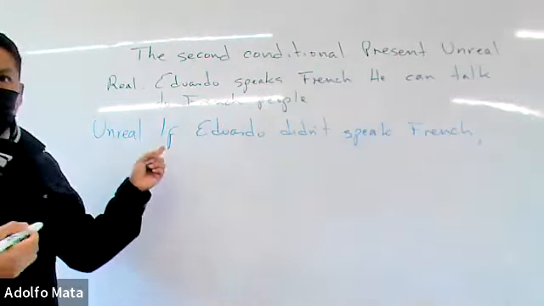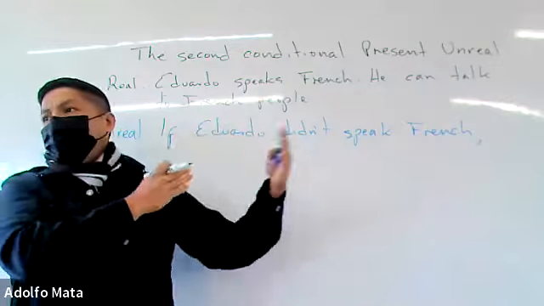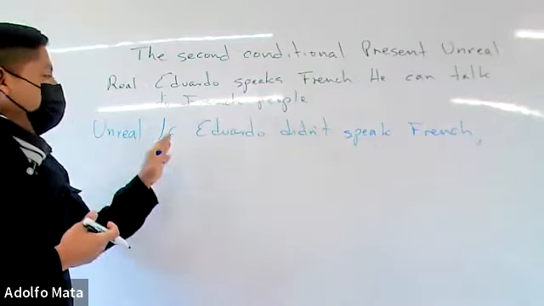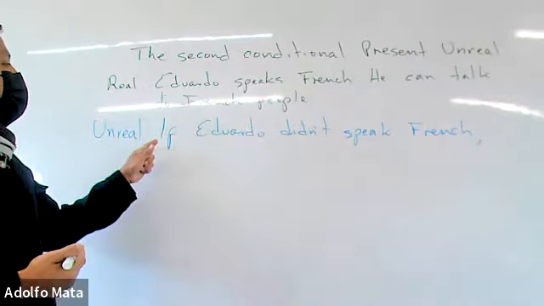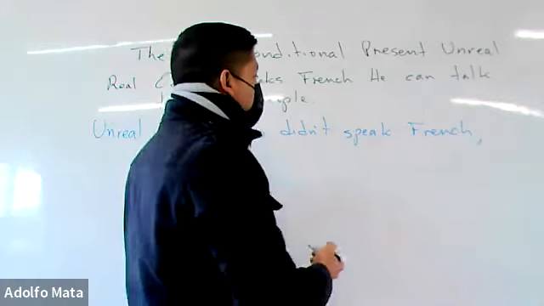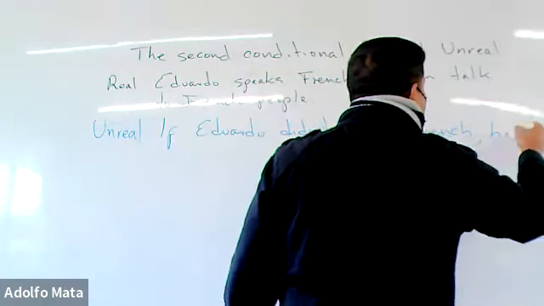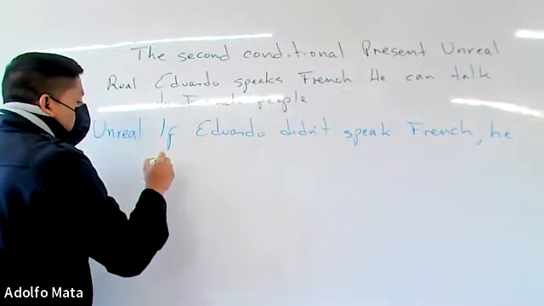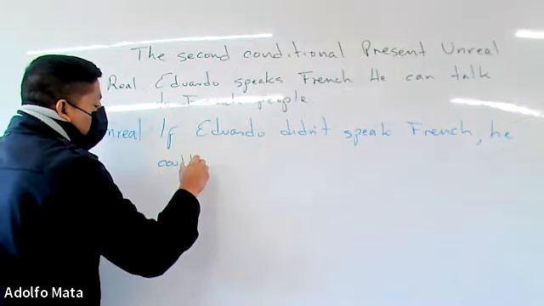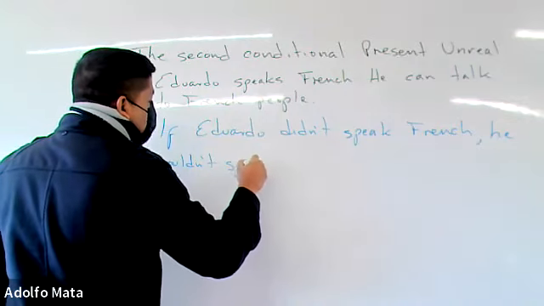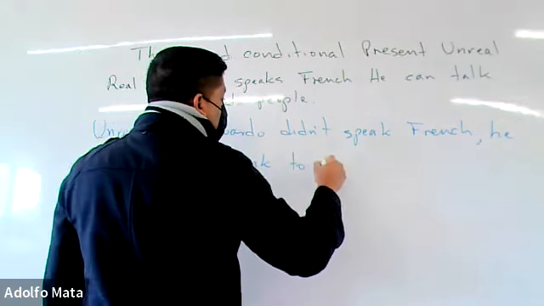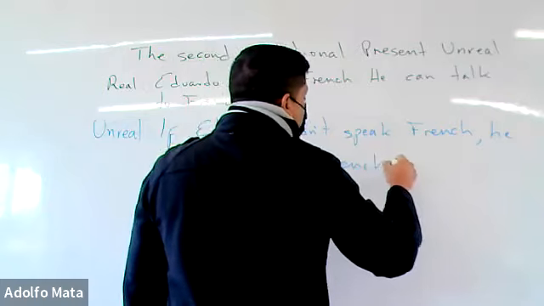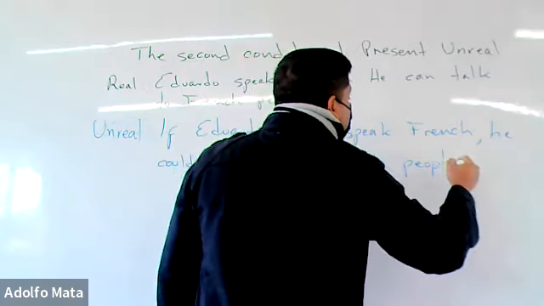If I begin it with the other clause, my sentence is inverted, I don't need a comma. But if I begin with if, I have to use a comma there. If Eduardo didn't speak French, comma, he couldn't speak to French people.